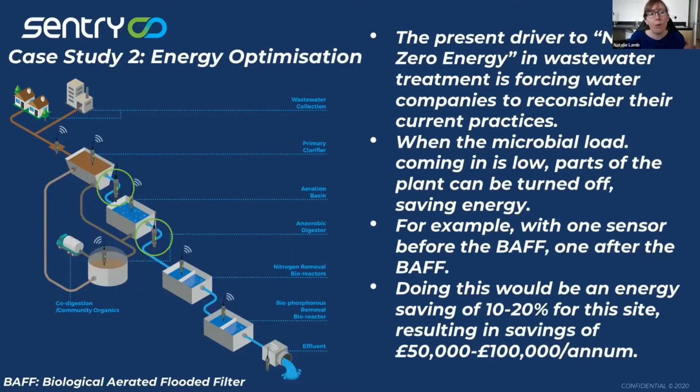The plan was that when microbial loads are low, 2 of the 6 would be turned off to save a bit of energy. I found that this would be a 10 to 20% energy saving for that site, which would result in savings of £50,000 to £100,000 a year, just by really understanding what loads you've got coming in. If you're dealing with it, you can adapt the plant to suit these loads.